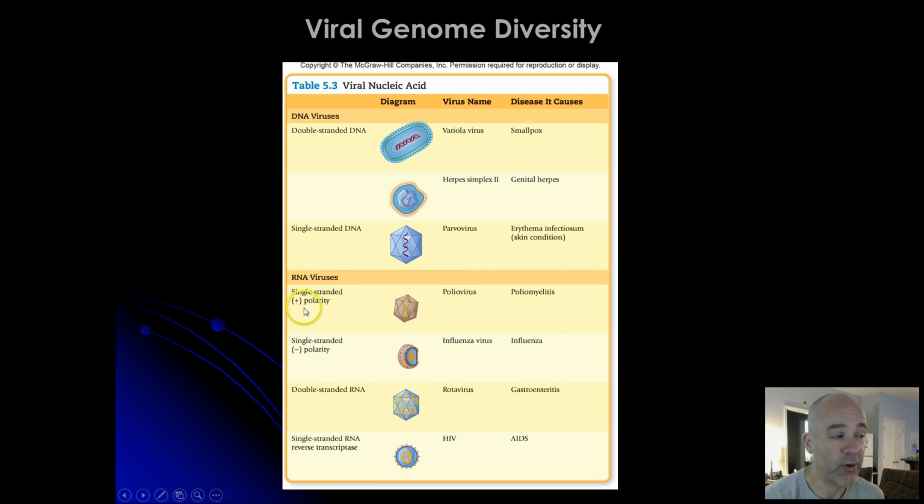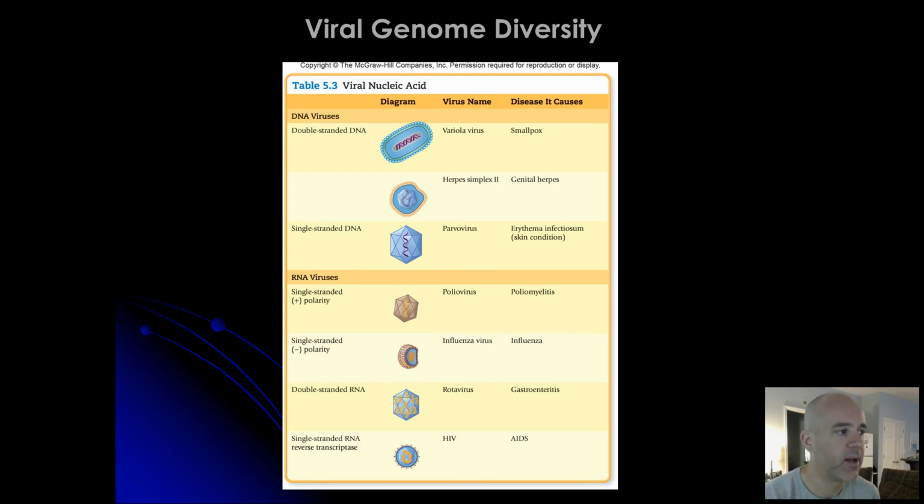It is actually referring to what happens when the genome gets released into the host cell. If the host cell sees that as a messenger RNA, so that your host cell thinks, oh, there's the messenger RNA, ribosomes hop on and they start making the virus's proteins, that RNA genome is said to be positive sense or positive polarity, or a plus strand RNA genome.